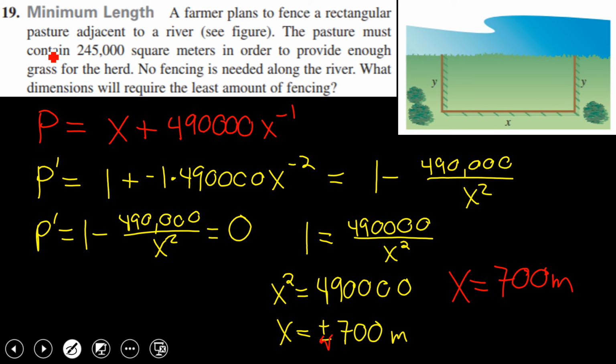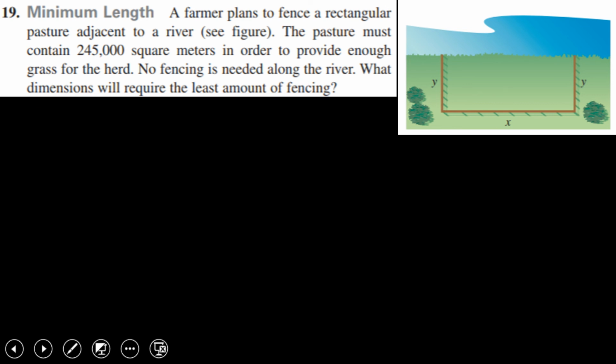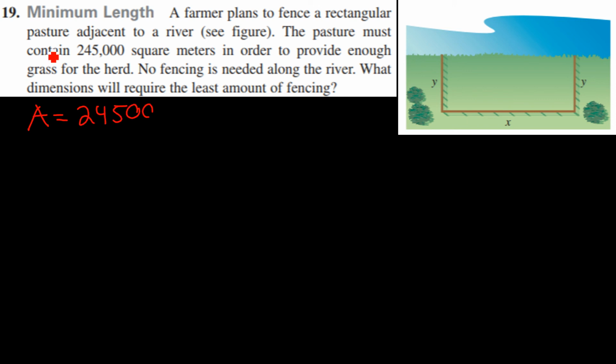So if you remember from earlier, we knew that my area had to be 245,000. And that was the same thing as x times y. And we said that y would therefore be 245,000 divided by x.